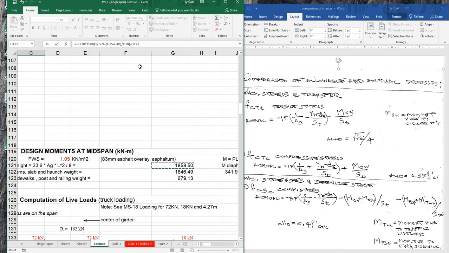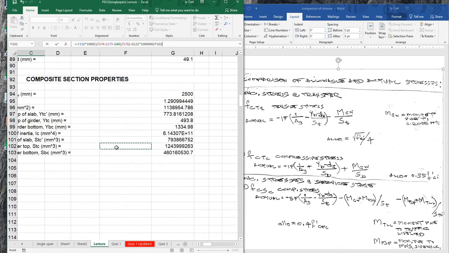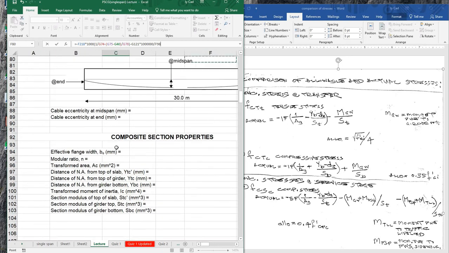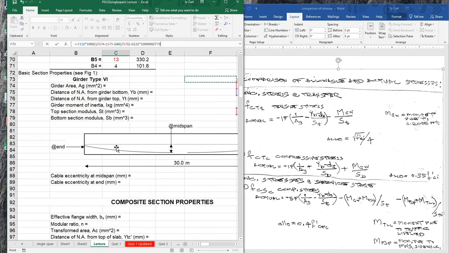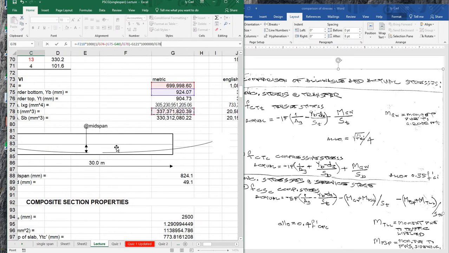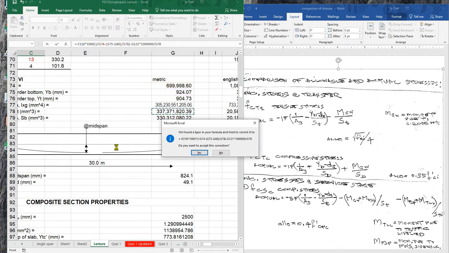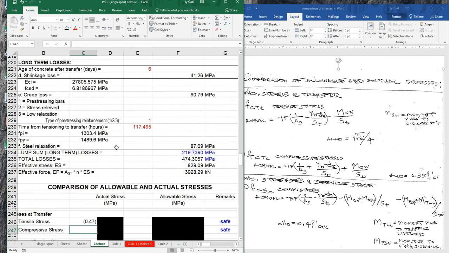Kaya, imumultiply natin siya kaagad ng 1 million para maging Newton millimeter divided by section modulus at top. That is in basic properties again. Then, enter. So that is negative 0.47.